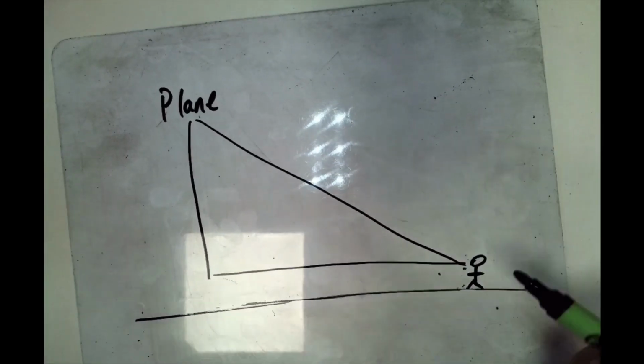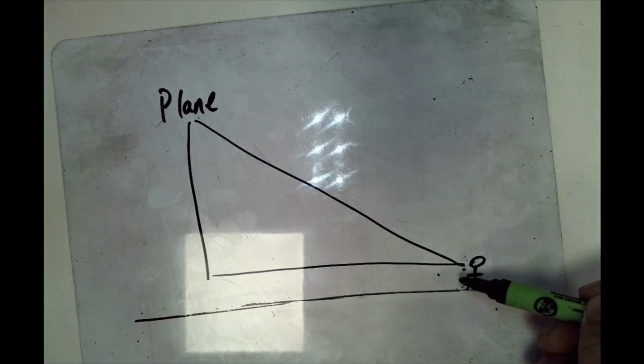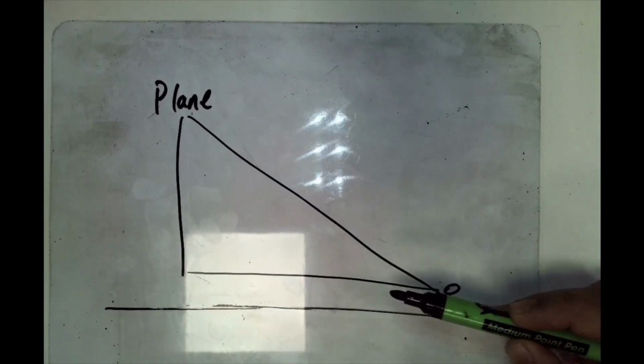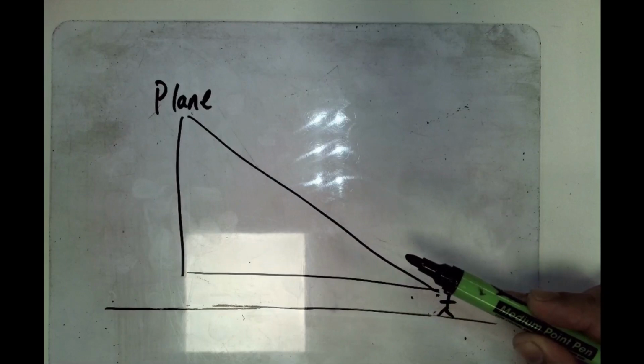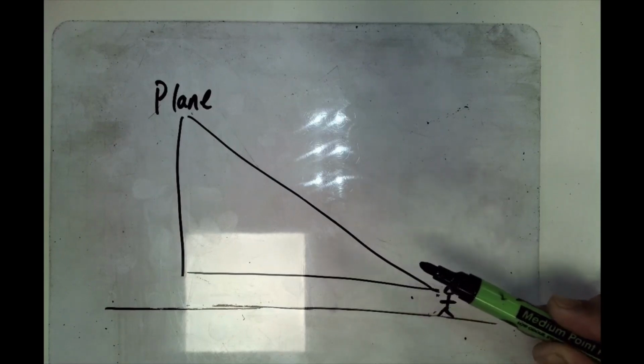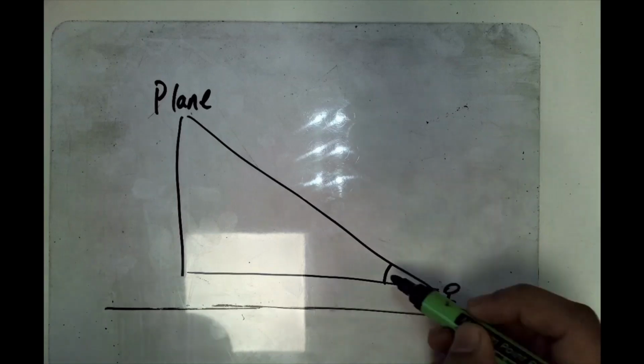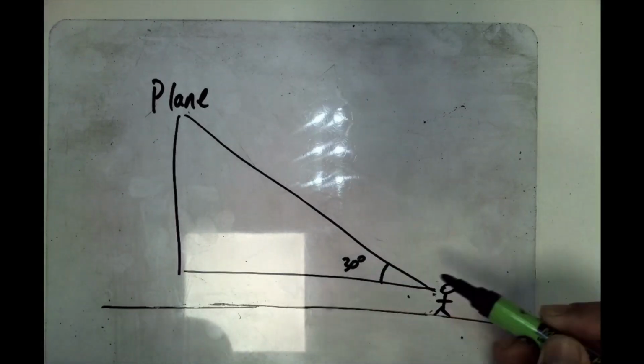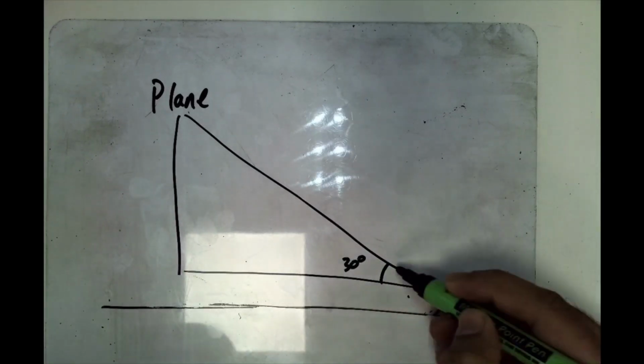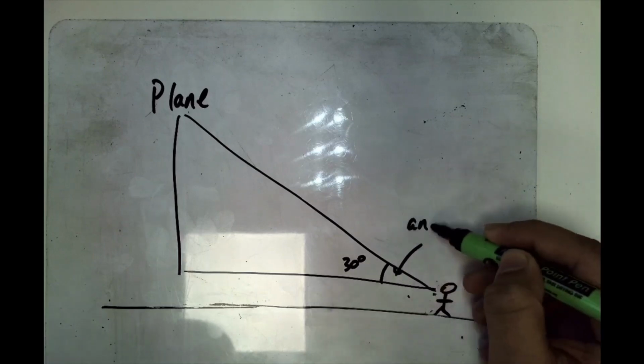Okay, so how high the person, or what angle the person has to look up, that is called the angle of elevation. So this here, let's say this person has to look up, I don't know, 30 degrees. So 30 degrees from the horizontal. This would be called angle of elevation.